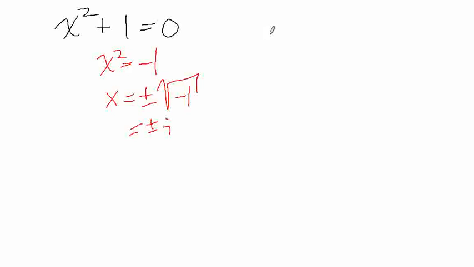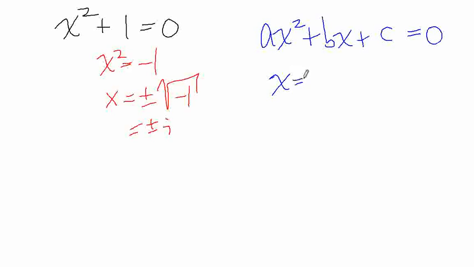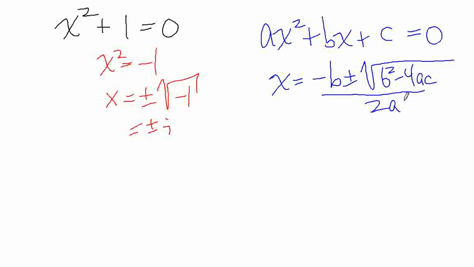If you have the quadratic equation ax squared plus bx plus c equals 0, then the solution will be, in other words, x equals negative b plus or minus the square root of b squared minus 4 times a times c all over 2a. Okay? So write that down because I'm going to use that for 3 examples in this video, and I want you to try it out. Okay? So here we go.